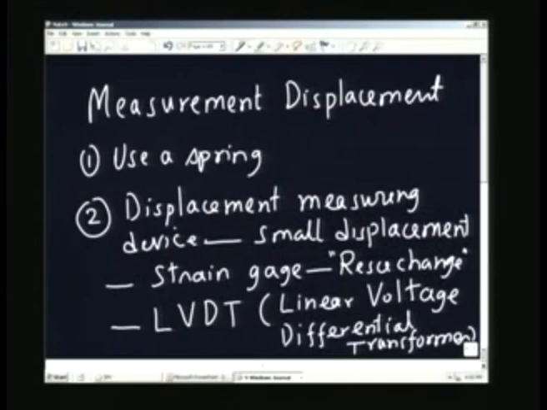A strain gauge can also be used for measuring very small displacement. Strain gauges are also called load cells. They are used actually for measuring stress: the stress gives rise to strain, the strain gives rise to a change in the resistance, and the change in resistance gives rise to some change in voltage. So, you measure the stress.